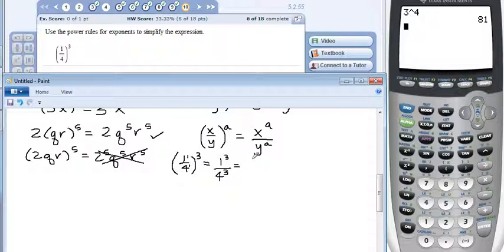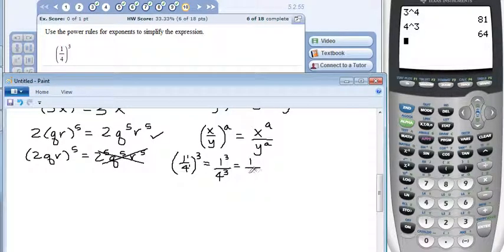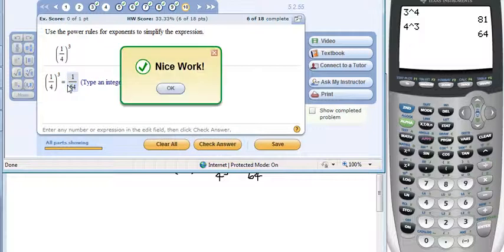1 cubed is 1, 1 times 1 times 1. And 4 cubed, now if you don't know what that is, you can use your calculator here. You're going to raise it, 64. So we have a 64th. So I'm pretty sure, let's double check that, a 64th. Yeah, okay.